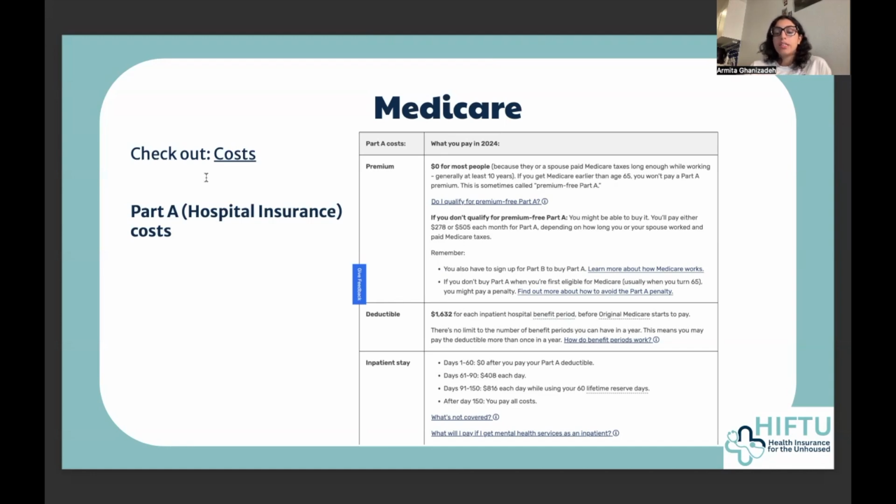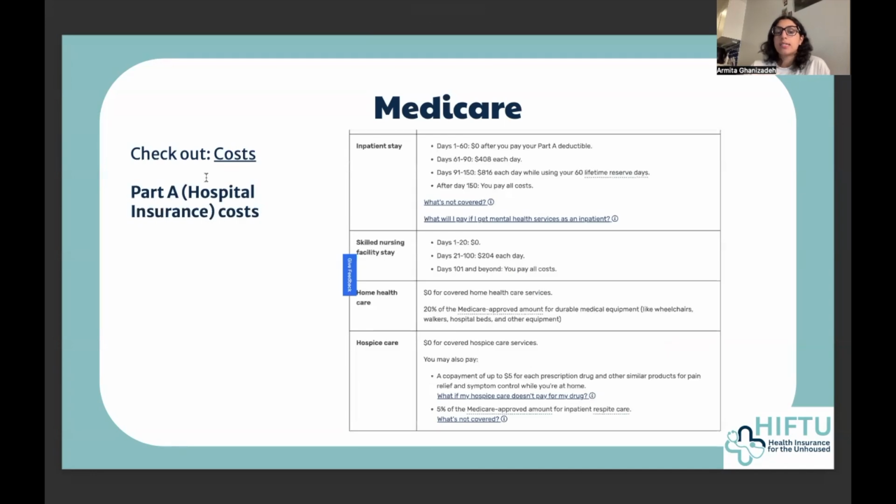There's inpatient stay, skilled nursing facility stay, home health care, and other health care that you can also look into. Some of them could turn into $0 cost for the patient, but some of them could also be 20% of the Medicare approved amount.